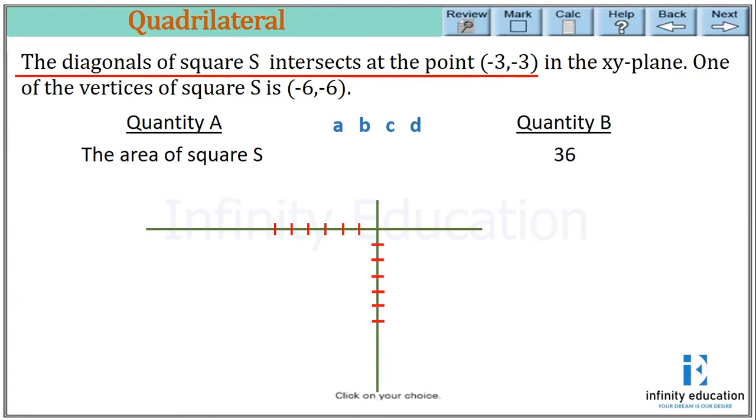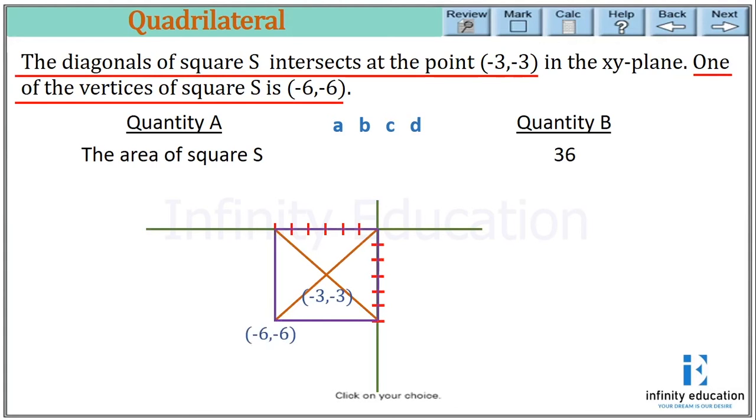They have said the diagonals of square S intersect at (-3, -3), so the intersection point we are considering is (-3, -3). One of the vertices of the square is (-6, -6). So if we draw this square, we get this vertex as (-6, -6).